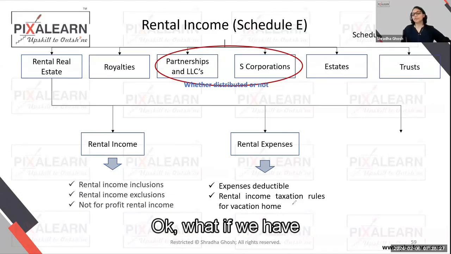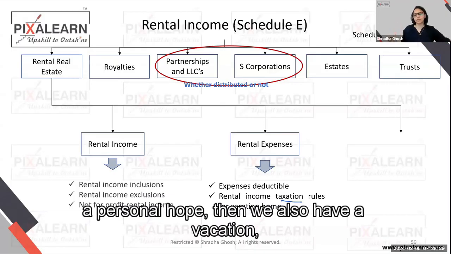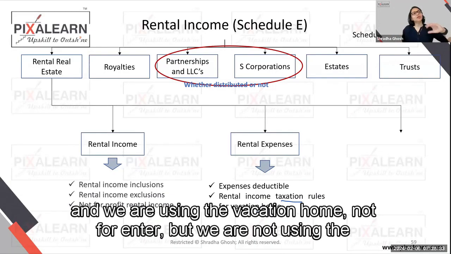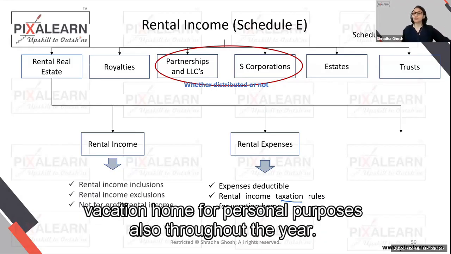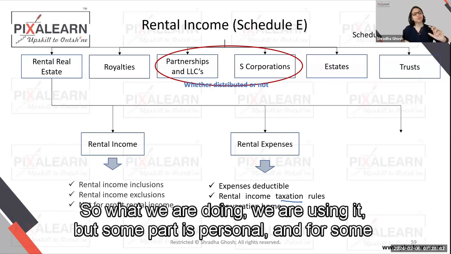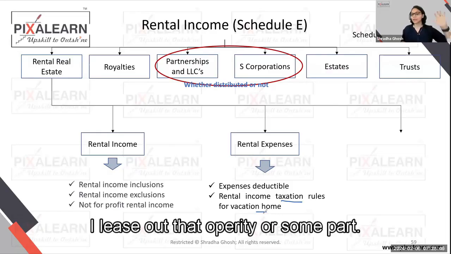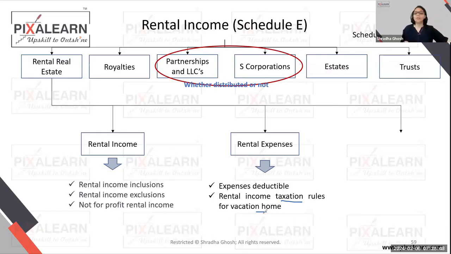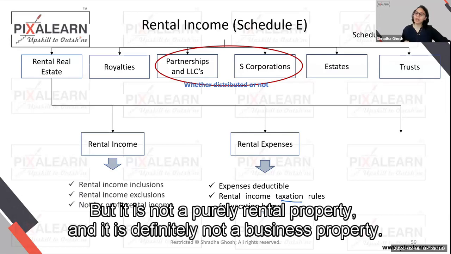Okay, what if we have a personal home, and then we also have a vacation home, and we are not using the vacation home purely for rental, and we are not using it for personal purposes throughout the year either? So we're using it for some part as personal and for some part as rental income. I lease out that property for some part, but it is not a purely rental property and it is definitely not a business property.